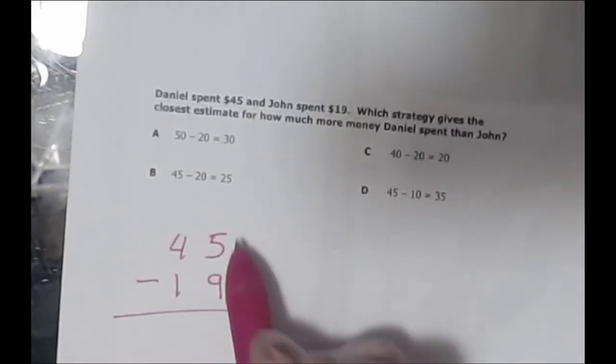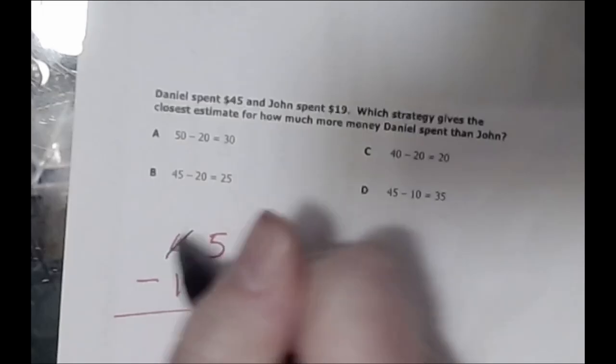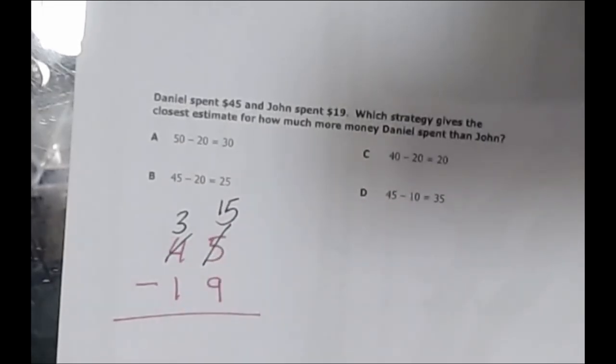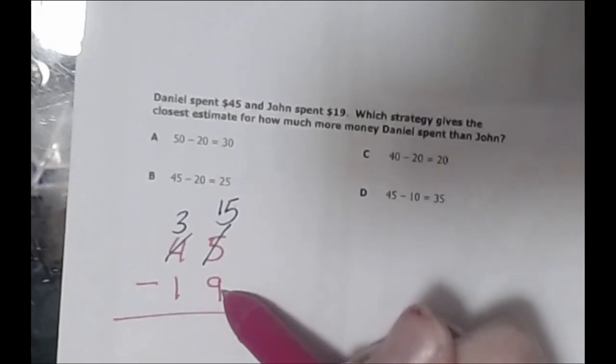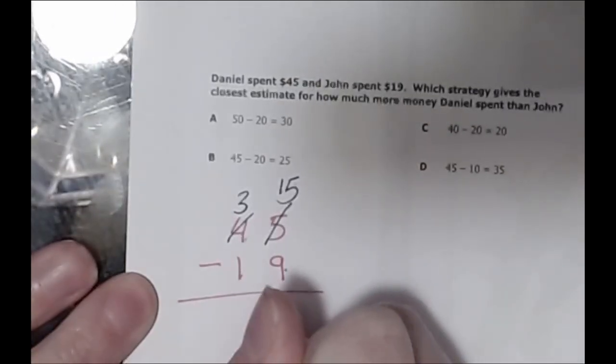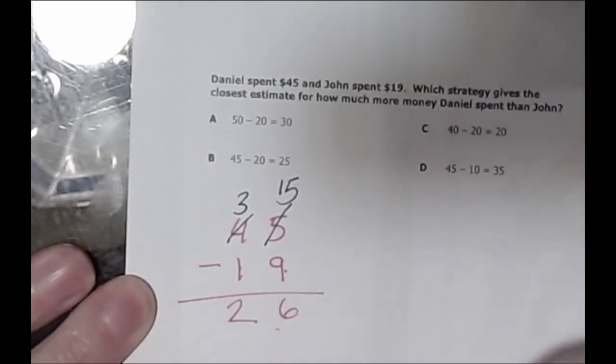If I have 5 and I subtract 9, well, you can't. You got to borrow. They don't have enough. So that 4 would become a 3, and that 5 would become a 15. 15 minus 9 is 6. 3 minus 1 is 2. So 26 is your answer.